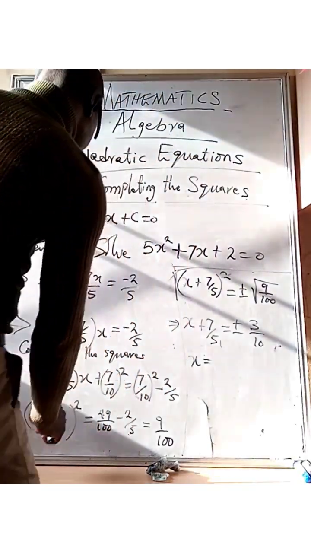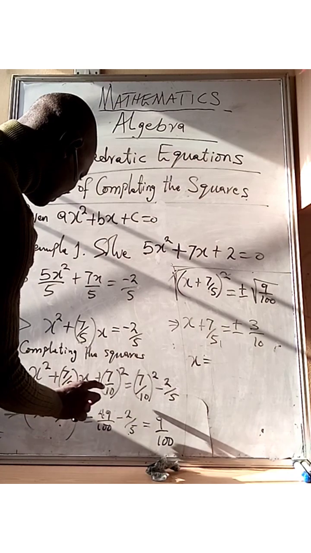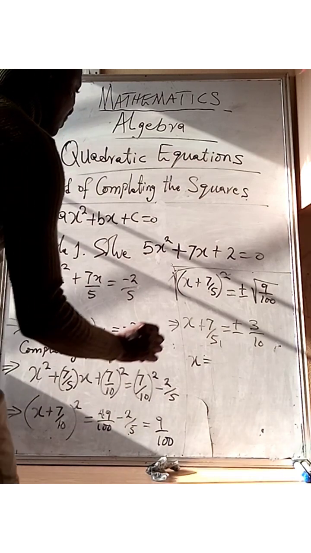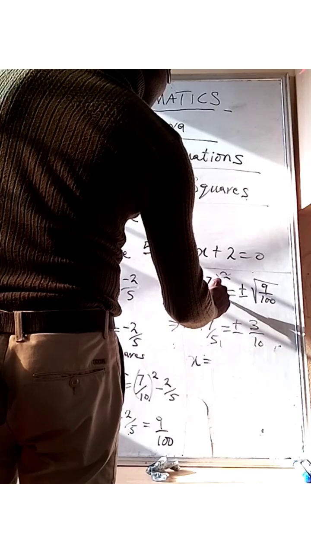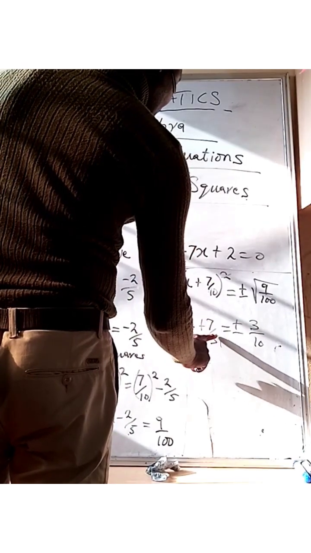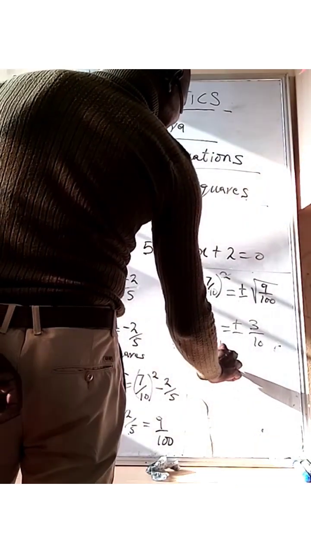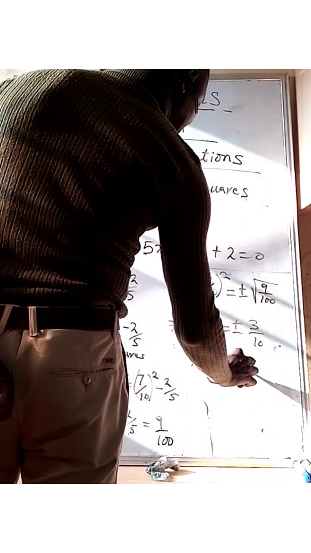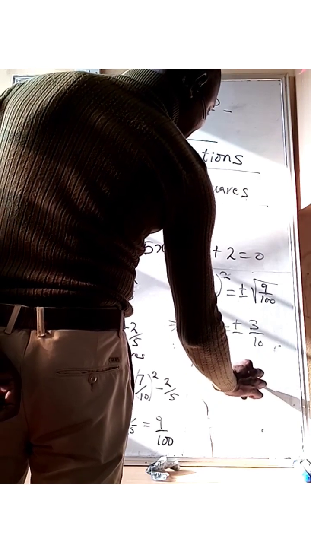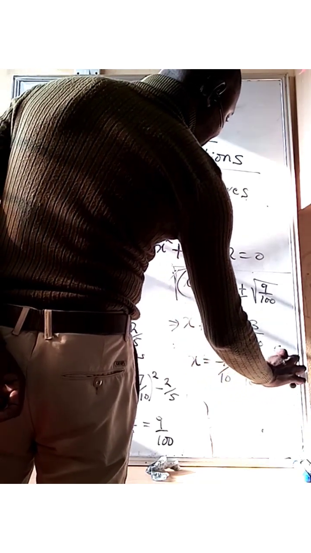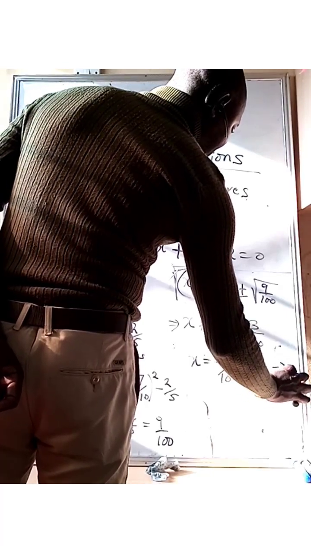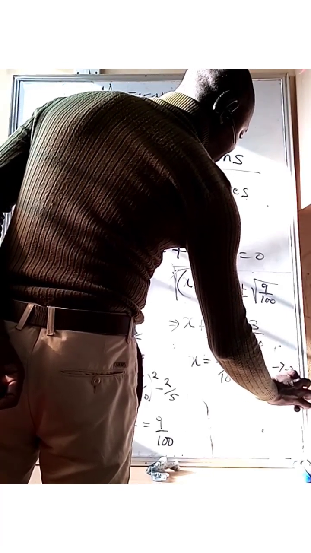So, when this crosses here, we now have negative 7 over 10, positive 3 over 10, or negative 7 over 10, negative 3 over 10.